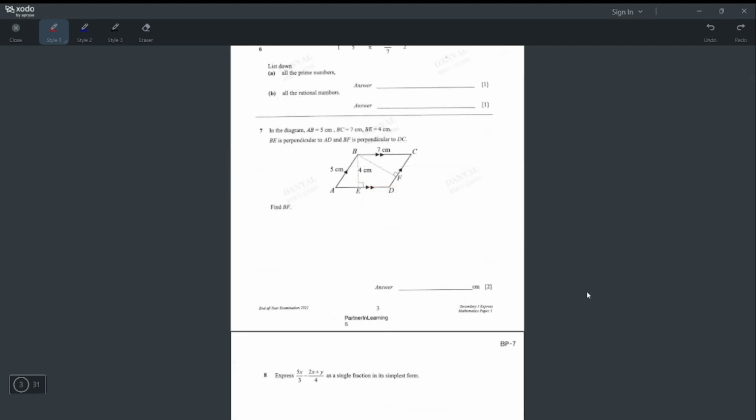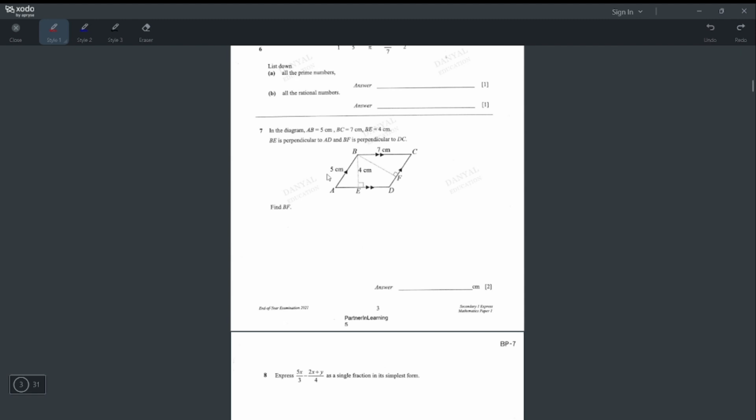So now let's take a look at the second question, which is question 7 here. And this is a little bit about geometry, specifically parallelogram. So we have parallelogram ABCD, where we have BE is perpendicular to AD, meaning that there's a right angle in between these two sides, and BF is parallel to CD.